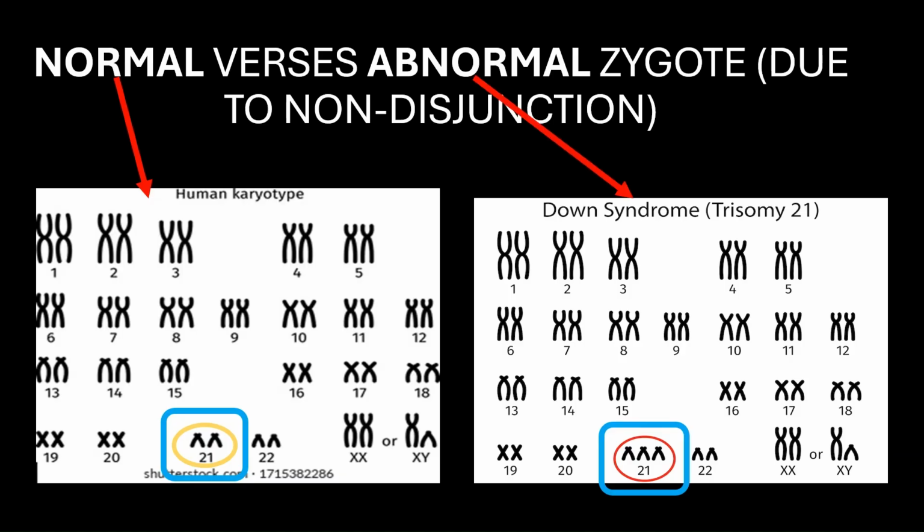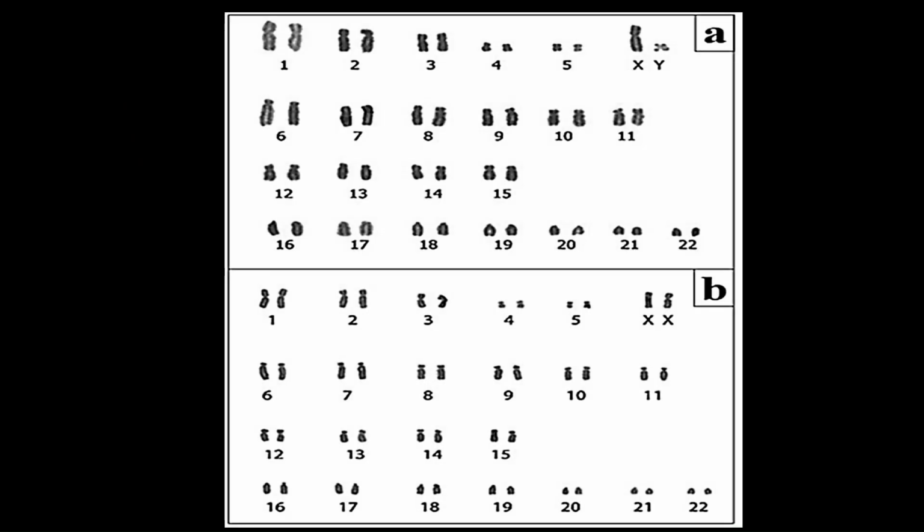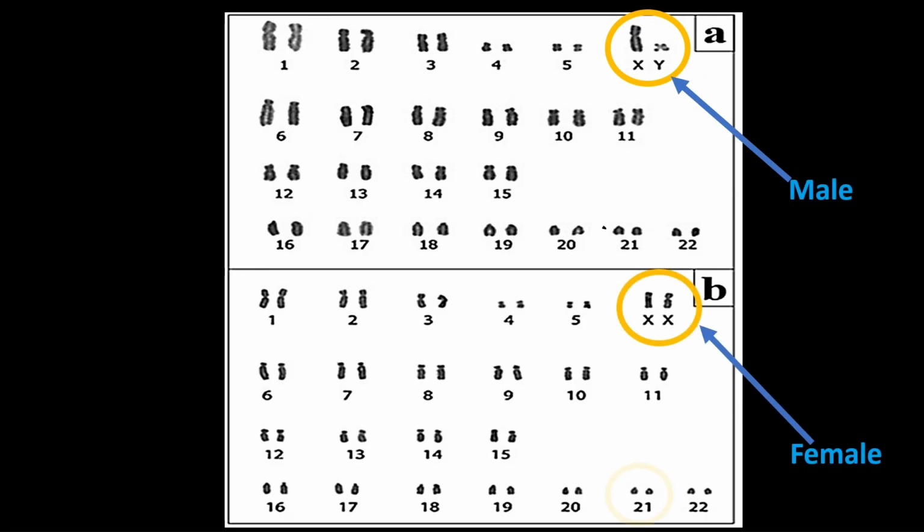So that is a normal. This zygote is normal, and then this zygote is abnormal. It's abnormal because at position 21, there are three chromosomes there. All right, so the same applies here. If you actually look here, you are able to tell the gender of this person. That is a male, and this person is a female, and we know the reason why they are male and female.